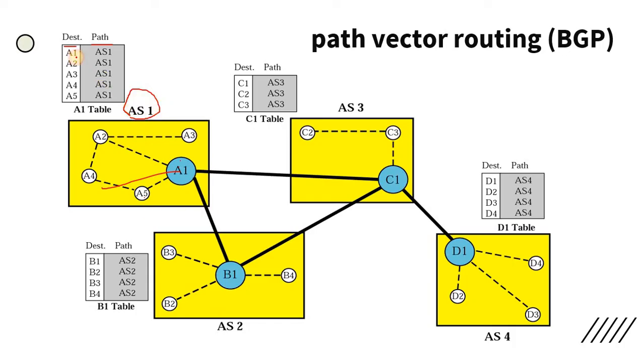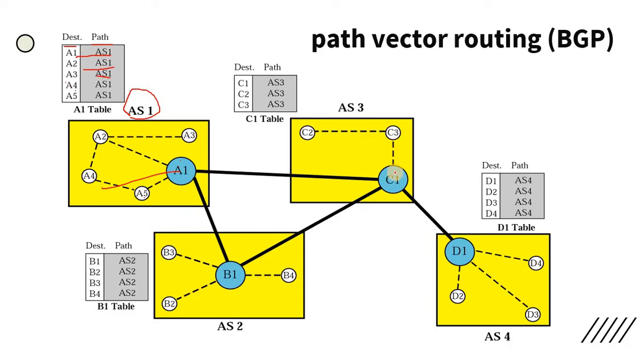So if A2, then the path is within AS1; if A3, the path is within AS1; if A4, the path is AS1; and if A5, the path is in AS1. These are the nodes in the AS1 system, so the path is in the AS1 autonomous system.